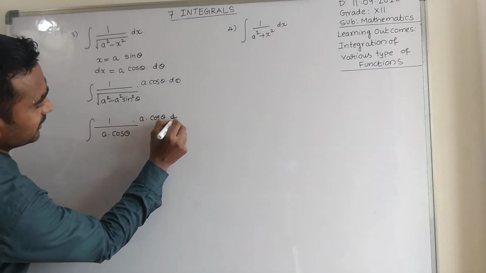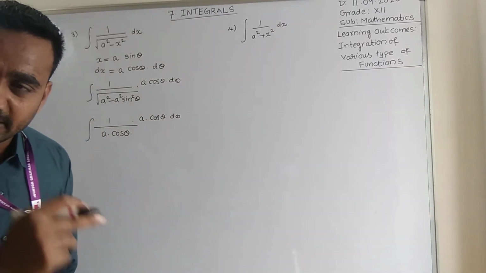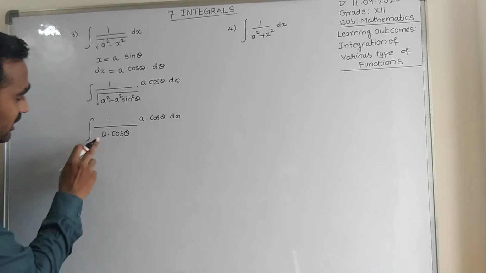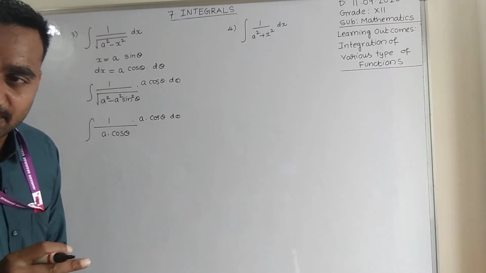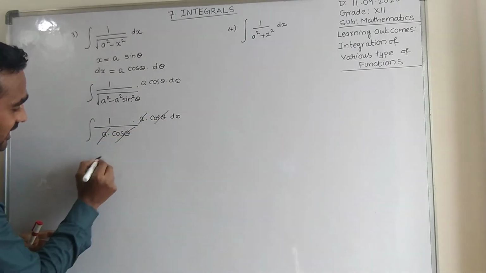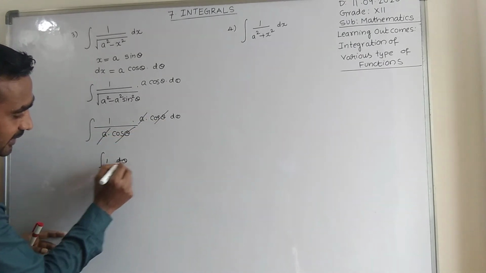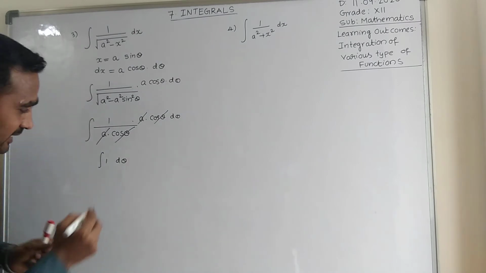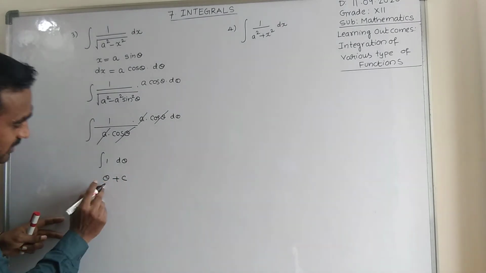Yes students, root over a square, take a square common, root over a square will become a, and root over 1 minus sin square theta is cos theta. Now students, a and a cancel, cos theta and cos theta cancel. Integral of 1 dt, integral of 1 is theta, theta plus c. What is theta here?